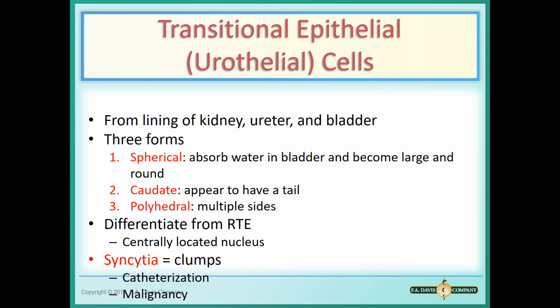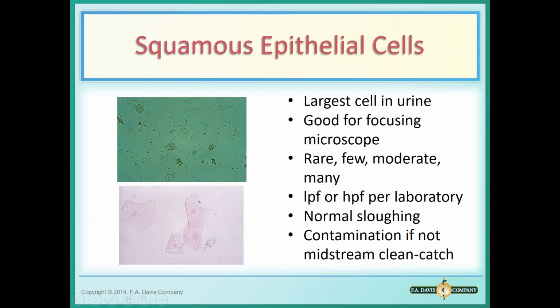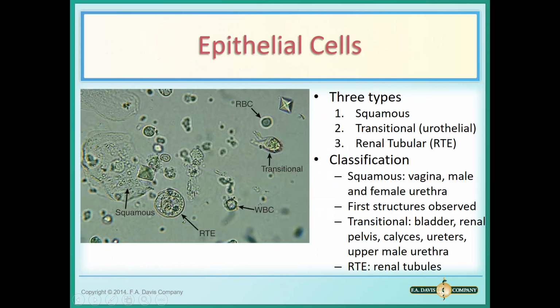It's important to differentiate transitional epithelial, which are lining cells, versus the renal tubular epithelial. One of the best ways to determine the difference between them is that transitional epithelial typically have a centrally located nucleus. If we go back to this picture, it's not the best because this is a caudal cell, but the nucleus is centrally located.